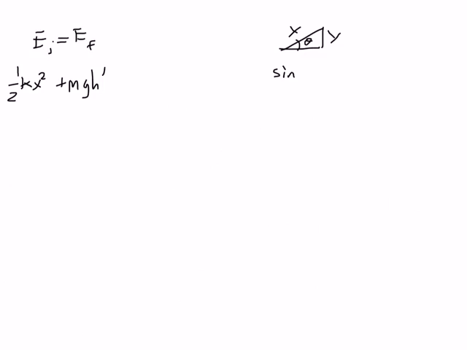Sine theta is y over x, or y is x sine theta. So y is how much additional height the block is if we stretch the spring by a certain length x. That means that H prime is the original height plus the extra bit that we added.